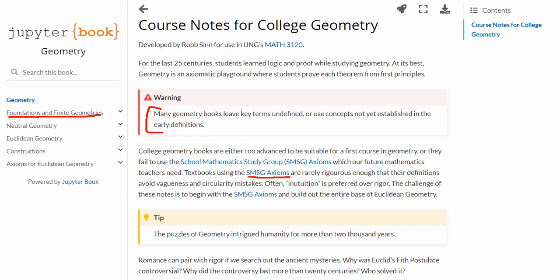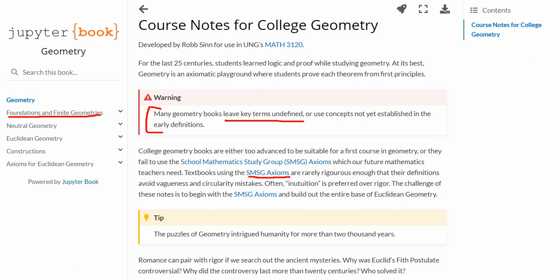And the problem is that very few textbooks that start there, because they're at the high school level, are rigorous enough that they prove everything from first principles, and you end up with a lot of key terms undefined, and they're not actually established thoroughly. There are lots of more rigorous textbooks, but they're usually used for college geometry courses, and they typically do not start with the SMSG.